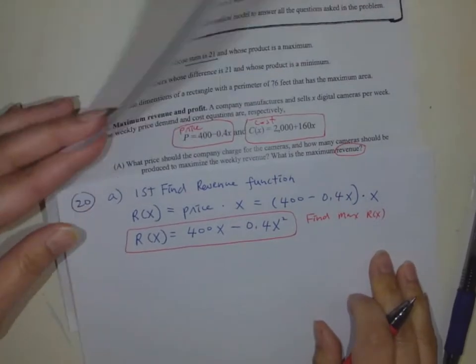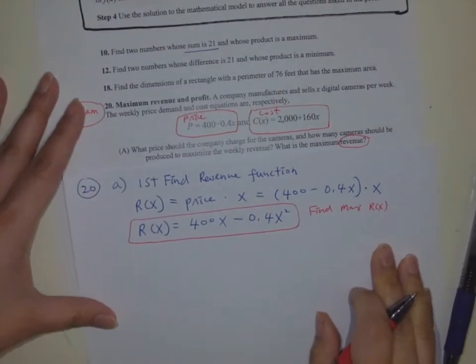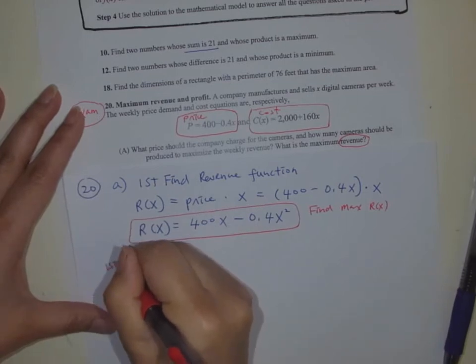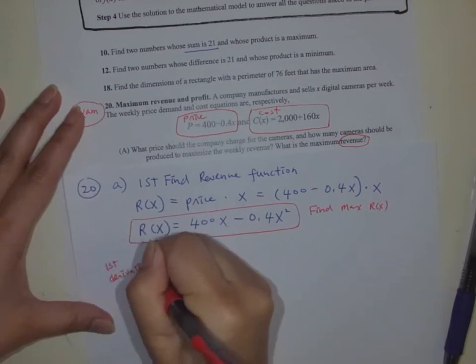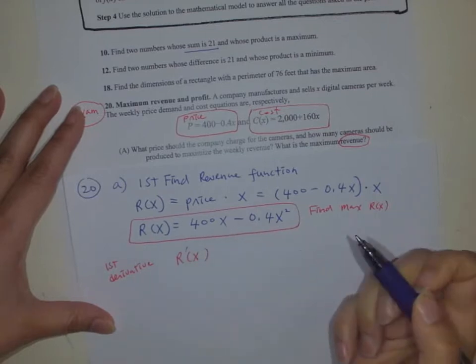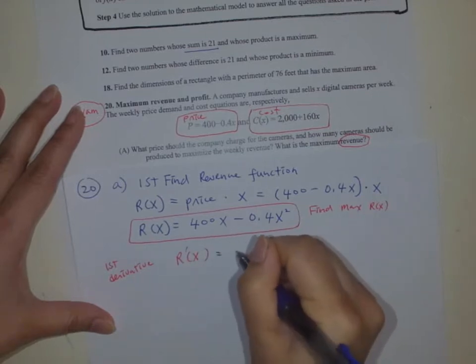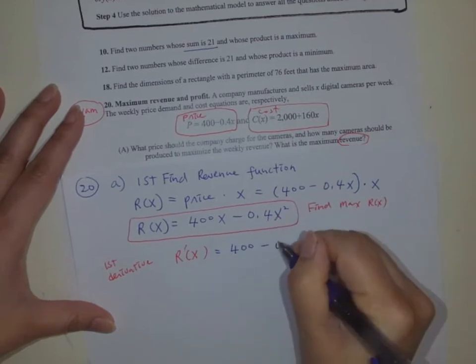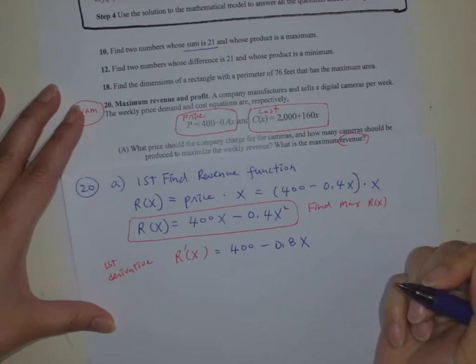Okay, so we need to take the first and second derivative. When we find the first derivative, we have 400 minus 0.4 times 2, which is 0.8x.